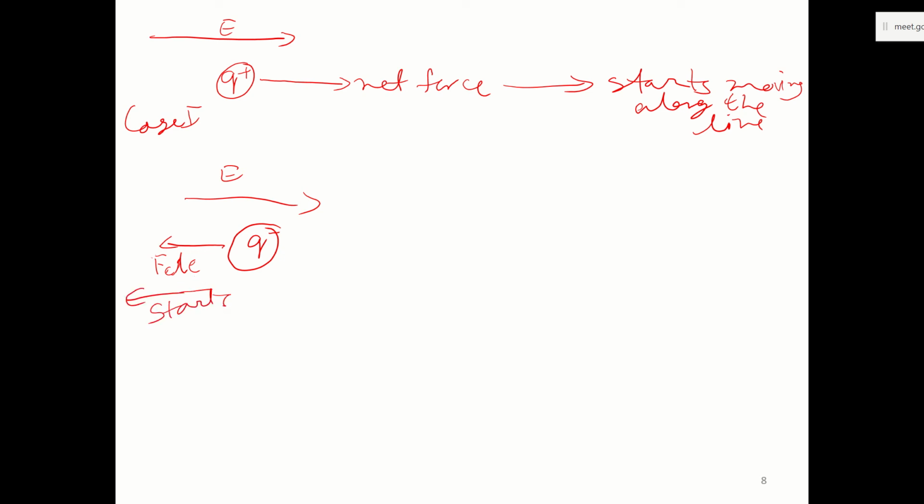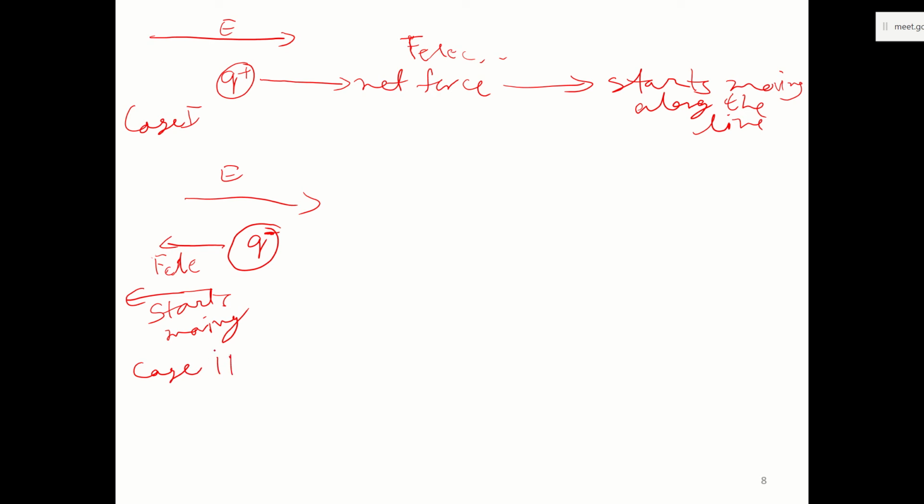So this is the way we understand what happens if it is a homogeneous electric field. A negative charge starts moving in the opposite direction, and if it is a positive charge of the same magnitude, it will move along this direction. Okay, so this is case 2 that we can imagine.